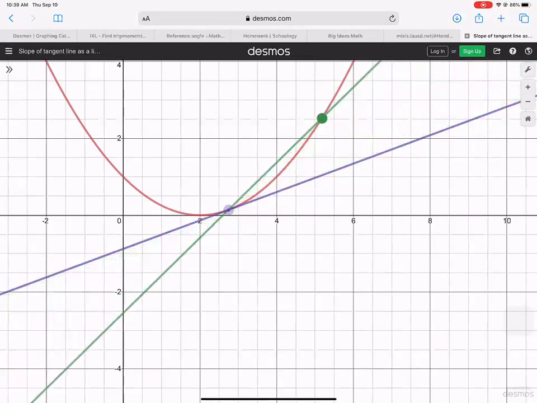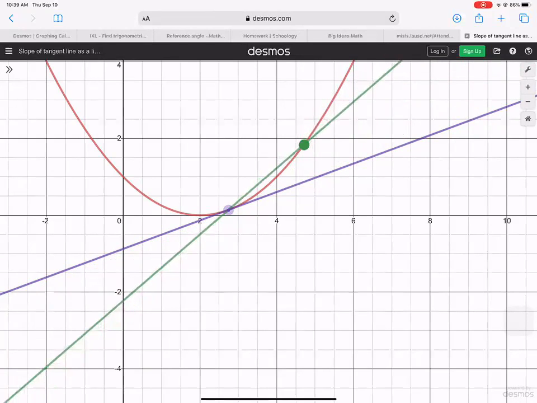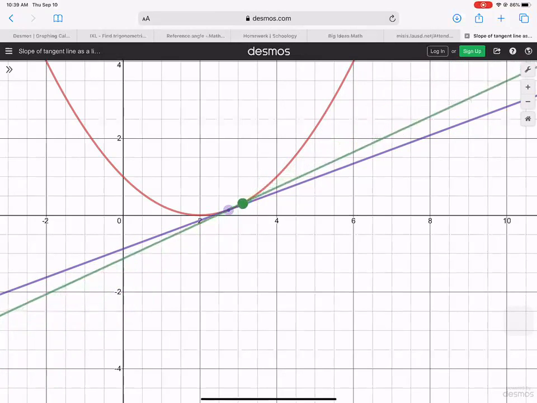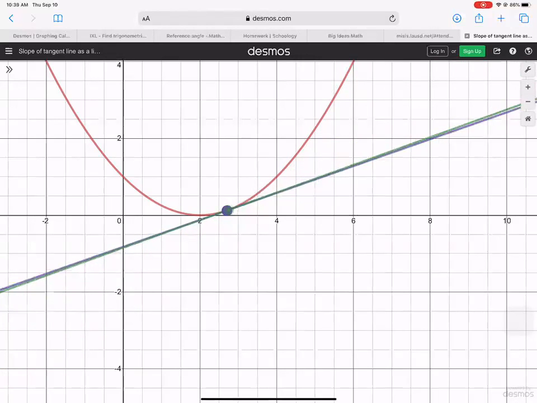Okay? The secant line is 2 points far away, obviously, right? Easy for us to see. But if I brought these two together, the 2 points got closer and closer, so close that they are literally sitting on top of each other, this would be the tangent line. And this will give us the slope of that tangent line.